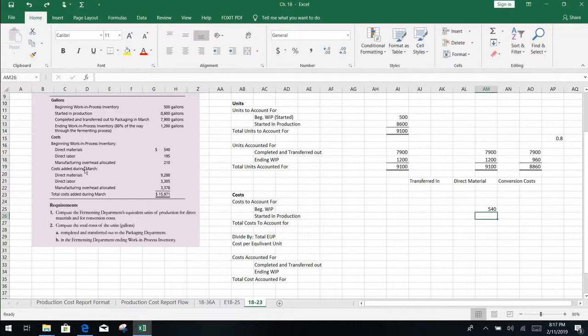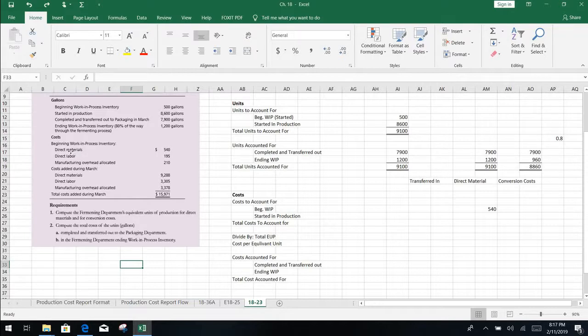Okay, let's see. Cost added during direct materials and direct labor. Let's see. Plus manufacturing overhead. So they're going to give us the conversion cost. So let's just follow along. Okay, direct materials plus manufacturing overhead. Let me just do a little calculation over here. Direct materials is... oh wait, sorry.